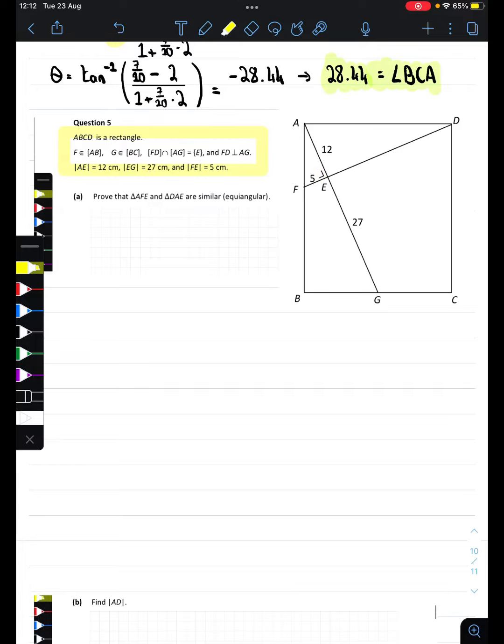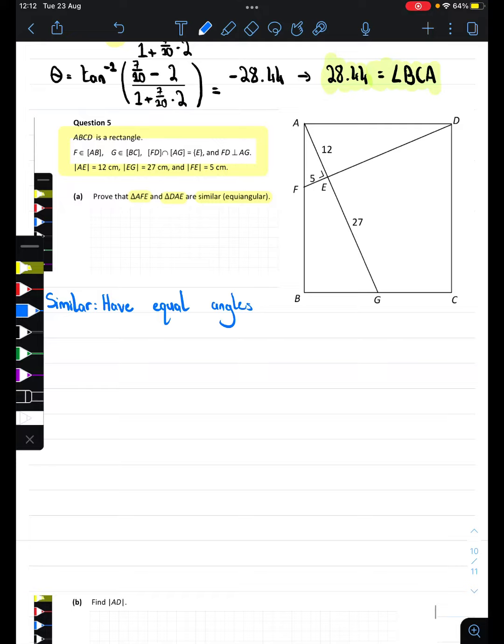So we want to look at part A, prove that the triangles AFE and DAE are similar or equiangular. As they've alluded to there, similar means the triangles have equal angles.